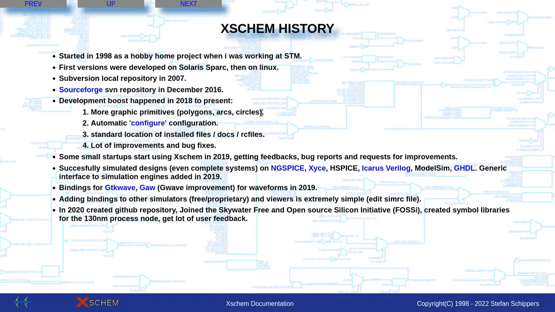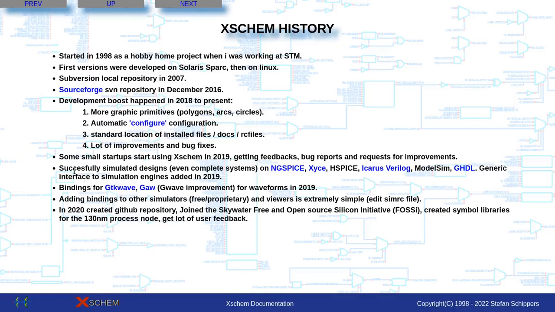graphic objects, automatic configuration, standard location of all install files, documentation, RC files, various improvements, and so on. Also some small companies started using Xschem in 2019, so I am getting feedback, bug reports, and requests for improvements.